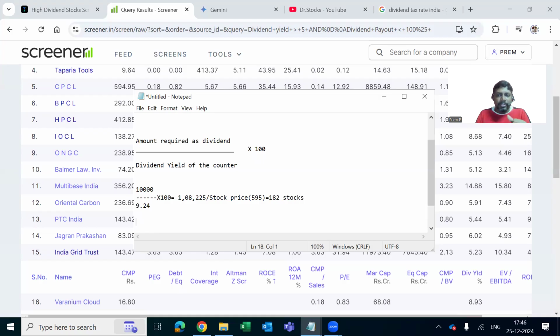For example, whether you are in the 10%, 20% or 30% tax slab, your dividend is added to that slab, and accordingly your tax is calculated.